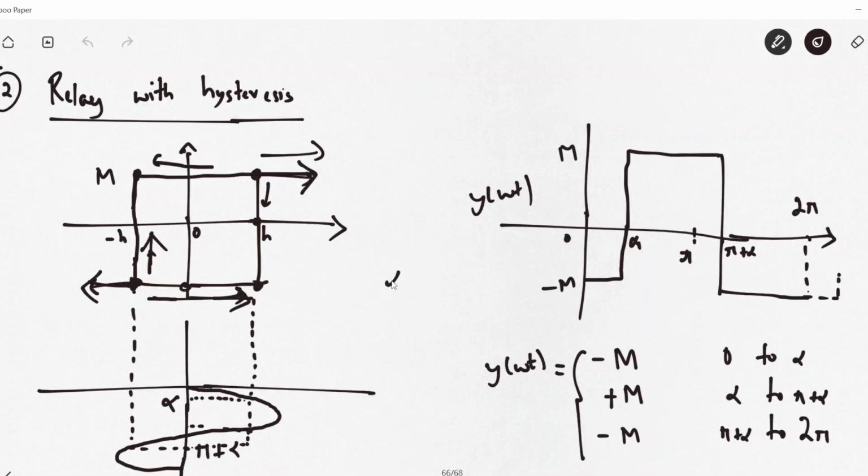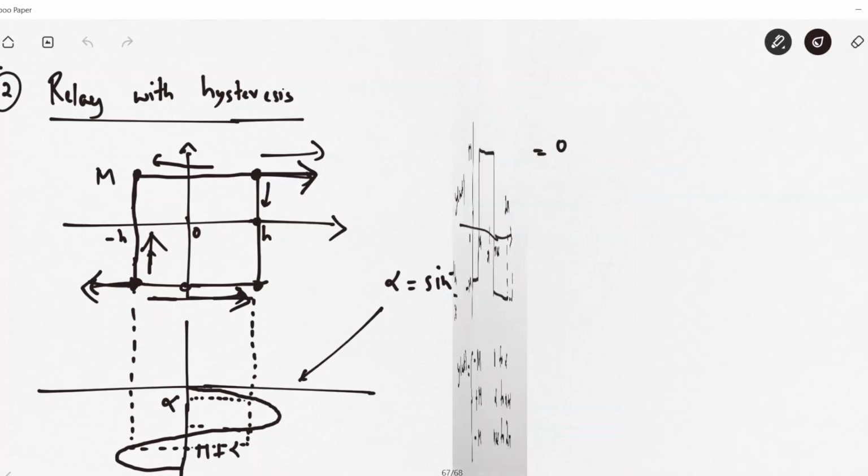We can therefore say alpha is equal to sine inverse of h divided by X. We can calculate alpha equal to sine inverse of h divided by X from here.